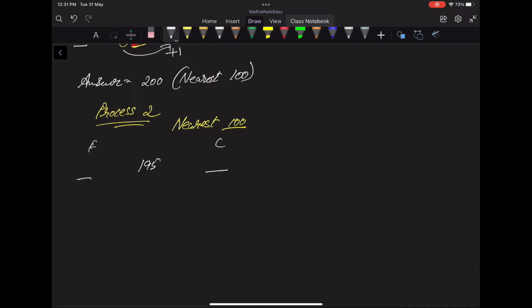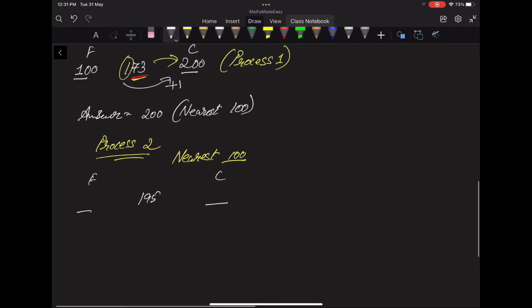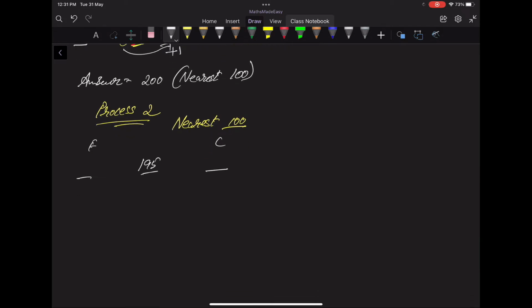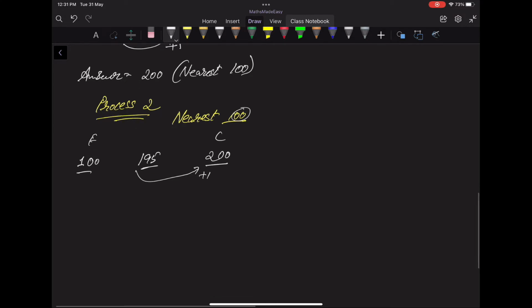Make the two groups. Grouping like floor and seal numbers are done in the exact same way as done in process number 1. These two zeros will be the 95 will become 00 because that's the number of zeros given in the question, and 1 comes here and plus 1 comes here, that is 2. So we have the two groups.